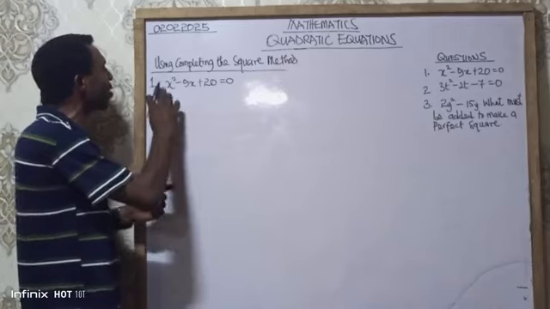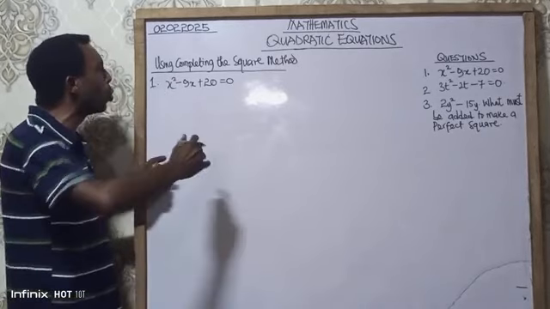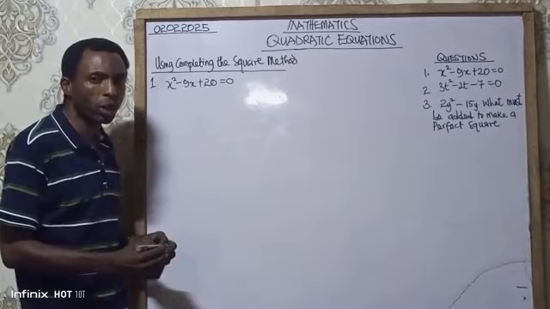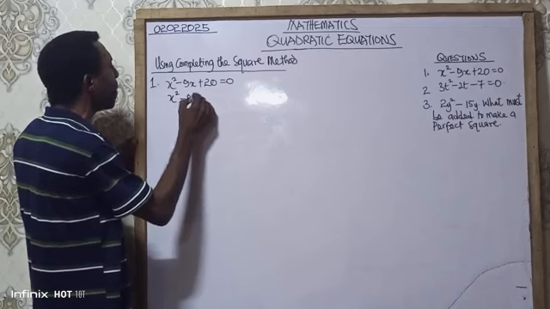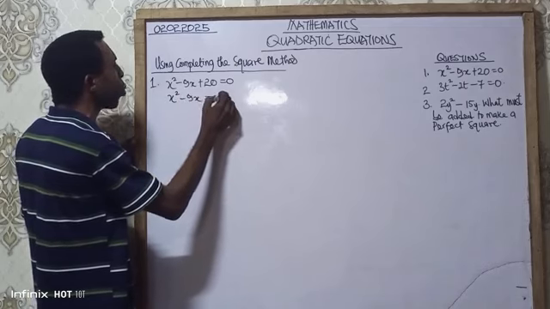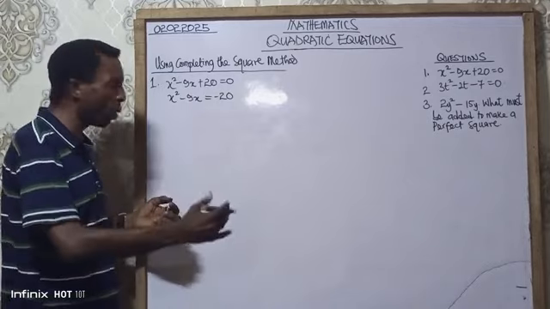Now the next thing, since it's not having any coefficient here, is to separate the equation into both sides. So we have x squared minus 9x is equal to minus 20. Please, just follow keenly. You will see the way we're solving it.